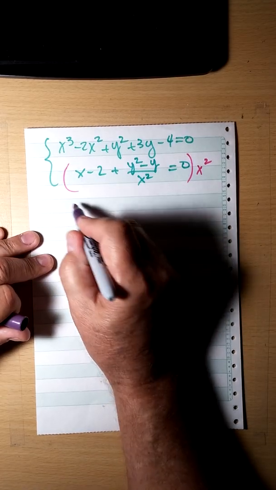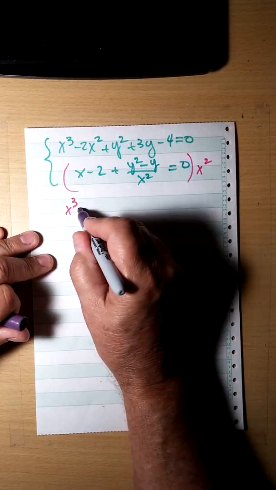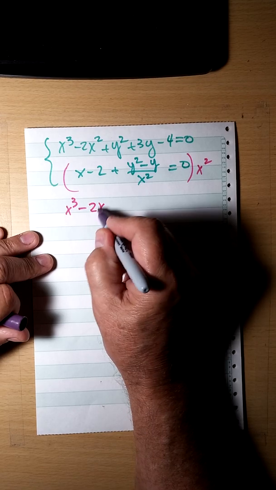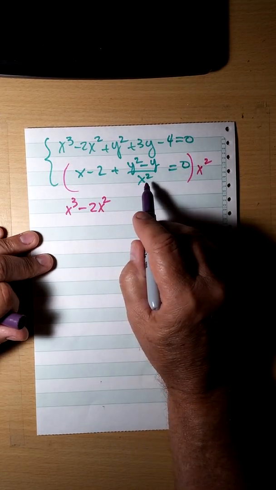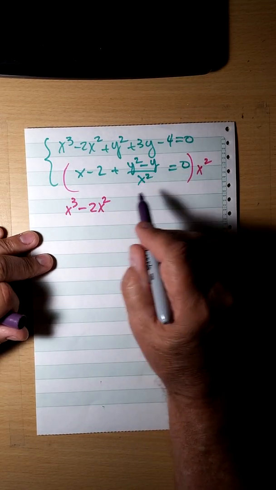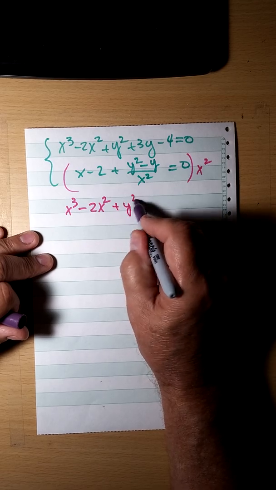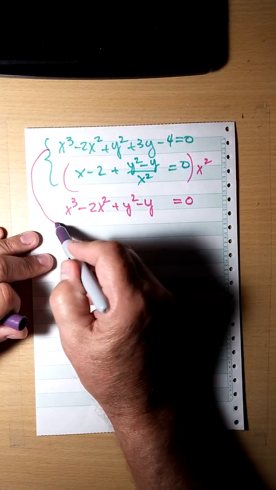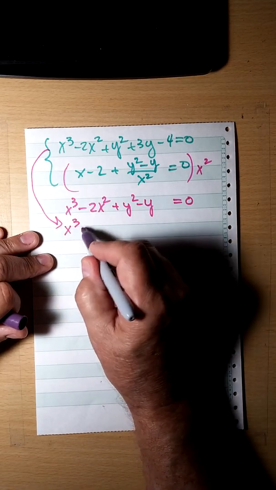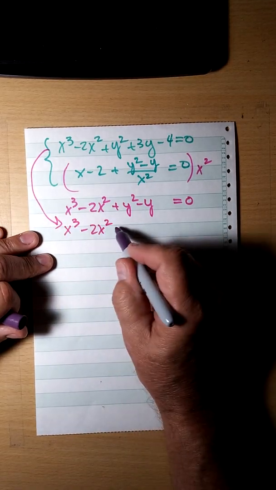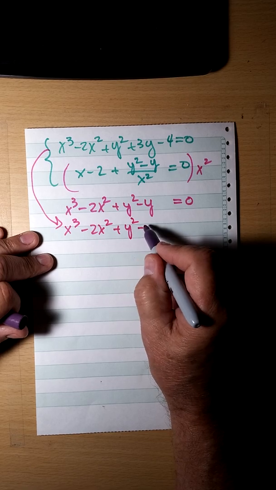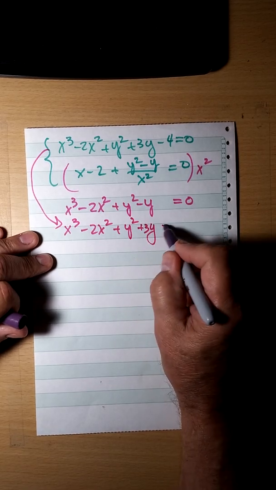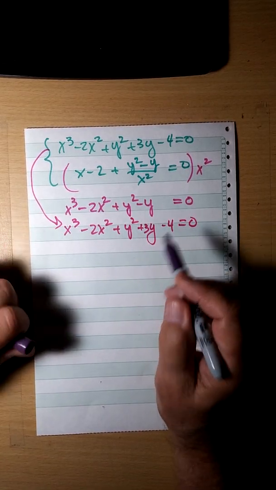So x times x squared is x cubed minus 2 times x squared. And when I multiply by x squared here, I just get y squared minus y equals 0. Now along with x cubed minus 2x squared plus y squared plus 3y minus 4 equals 0.